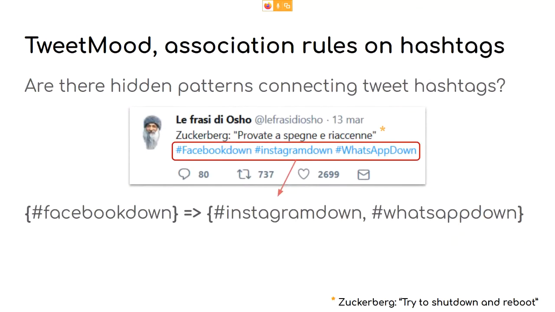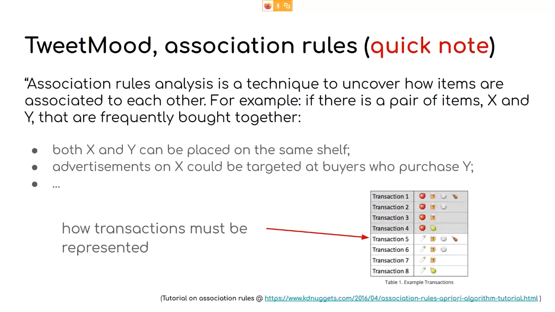For example, we can use the part of the graph that models the relationship hashtags contained in tweet to find hidden patterns between hashtags using association rules analysis. Just to give a quick note, in order to do association rules analysis, we need to represent our data in the form of separate transactions containing a set of items. In our case, each message will represent a transaction and each hashtag will be an item.